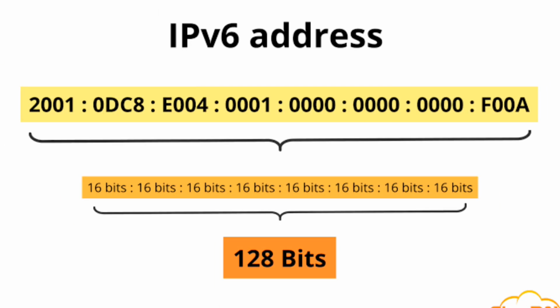But here's the problem. We are running out. And that's where IPv6 comes in. IPv6 addresses are much longer and look like hexadecimal format like this. IPv6 uses a 128-bit address space, which means it can support an almost unlimited number of unique addresses.